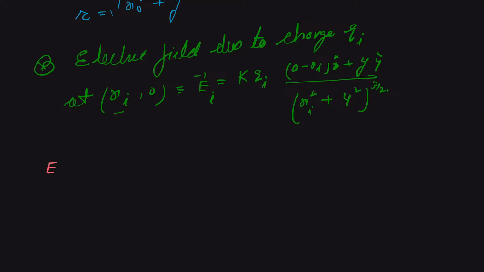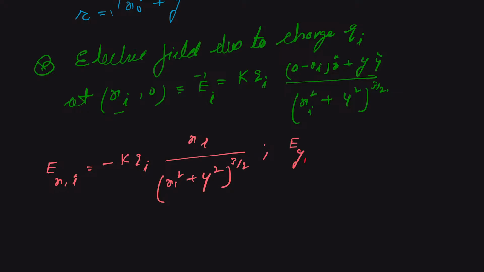Therefore, its x component will be equal to minus k q of i x of i upon (x i square plus y square) to the power 3/2, and the y component will be k q of i y upon (x i square plus y square) to the power 3/2.